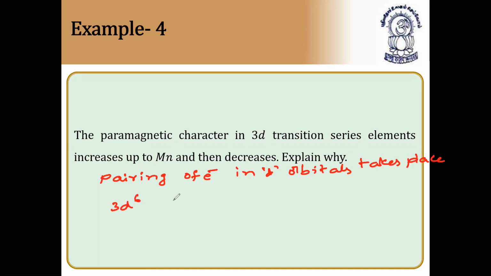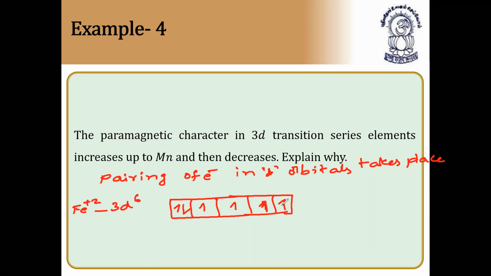Here it has 6 electrons, as in the case of Fe+2. So Fe+2 has what configuration? 3d6. So as I told you, 1, 2, 3, 4, fifth electron, and the sixth electron starts pairing up.